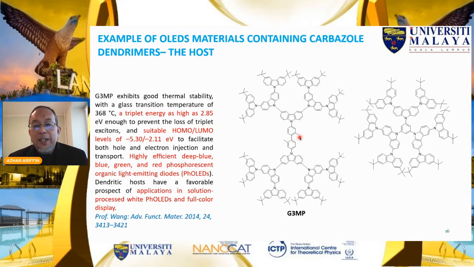But we were lucky that we don't have the tertiary butyl group; we use a tertiary pentyl group, so we get the same molecule but with a different substituent at this position. What I'm trying to say is that this is one example of carbazole dendrimers that have been proven to be good OLED candidates.